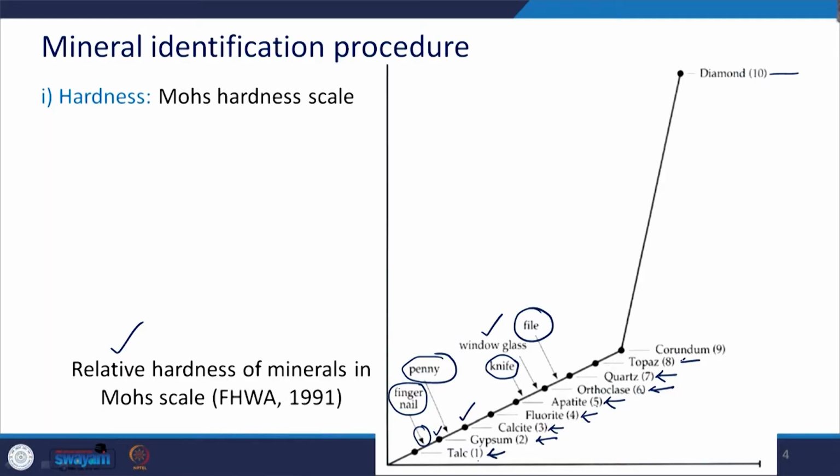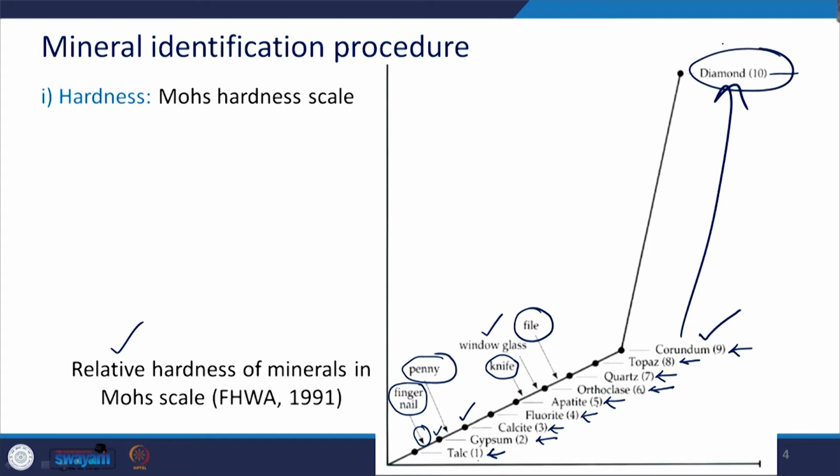Quartz is followed by topaz as far as hardness is concerned, and then comes corundum at number 9, and then you can see there is a steep rise in hardness from this mineral to the diamond.